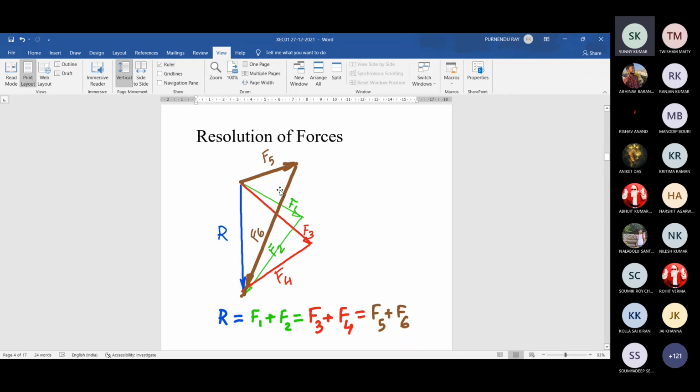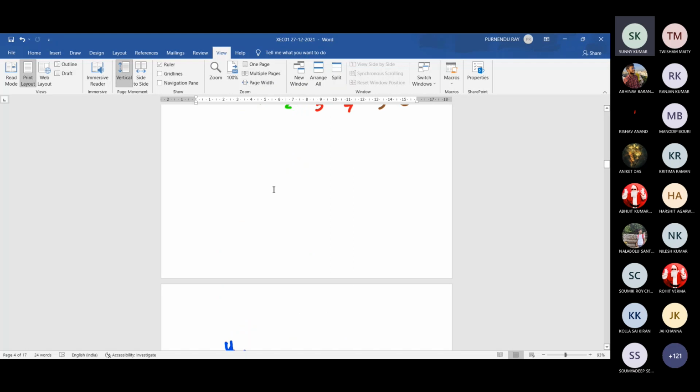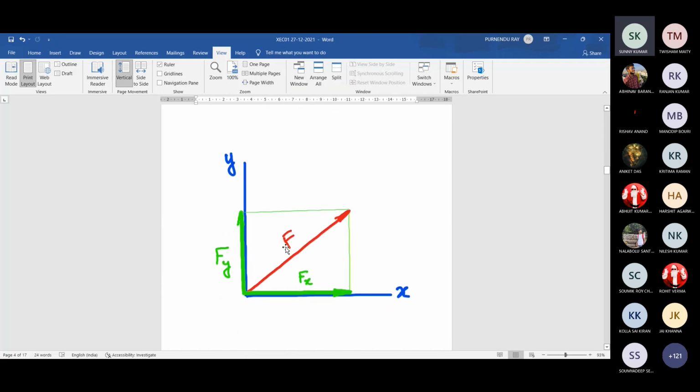Okay, now that combination we can make according to our convenience. So here is that convenience. We consider this point where we complete this triangle, this point as the opposite vertex to this vector F in this triangle.